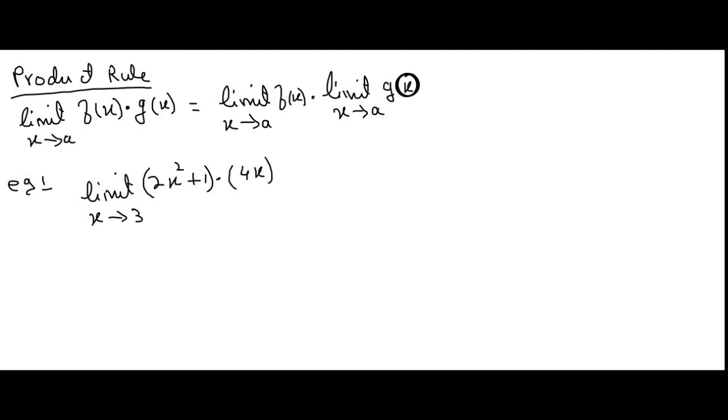Now if we see this question, f of x represents 2x square plus 1 and g of x represents 4x. So this limit will be multiplied by limit x approaches to 3 of 2x square plus 1 and limit x approaches to 3 of 4x.